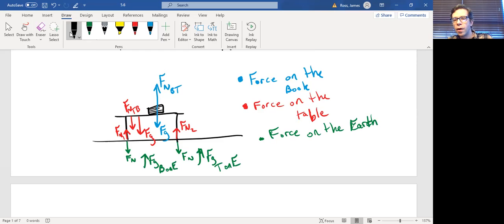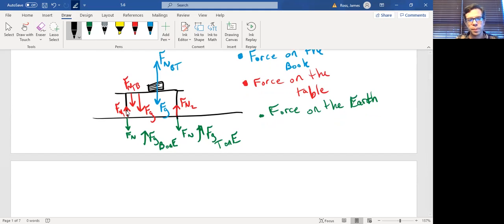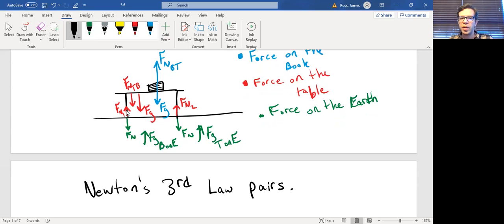So which of these are Newton's third law pairs? Well, I've kind of already given away the trick to this, is that they have to be the same type of force. But there is a common pitfall here. When you're doing a free body diagram, you're only diagramming one object in general.